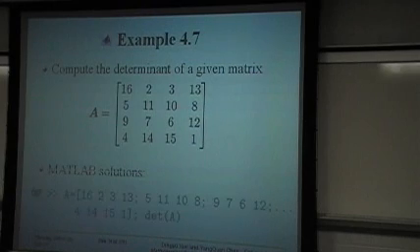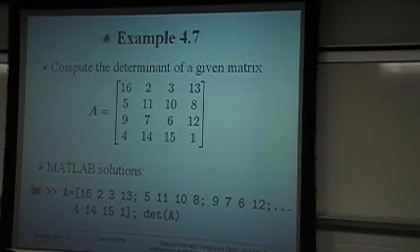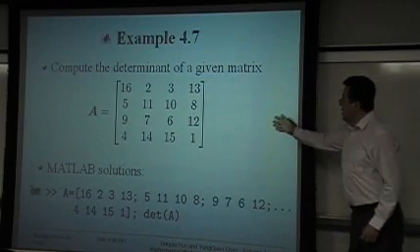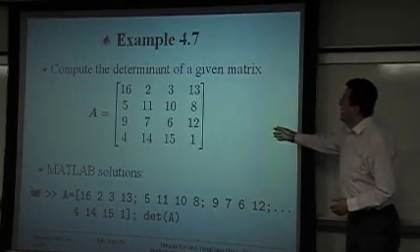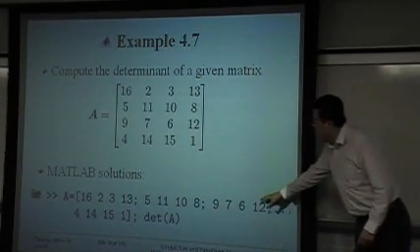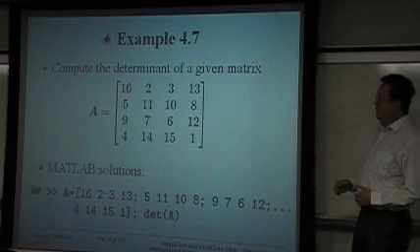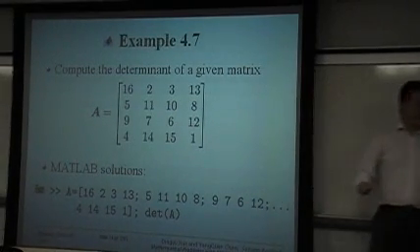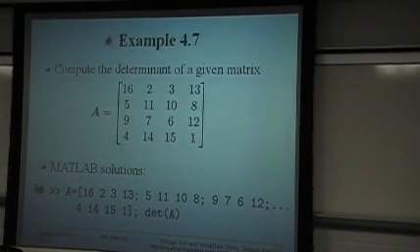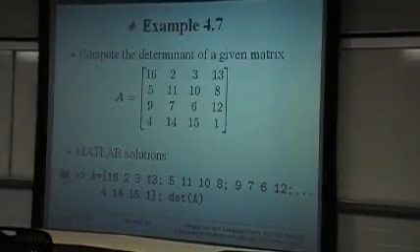Let's consider the first example. If we have a matrix like this, and we want to find the determinant of it, what we need to do is first specify the matrix in the Matlab environment. Then call the det function directly. In that case, we can find the determinant of the matrix immediately.